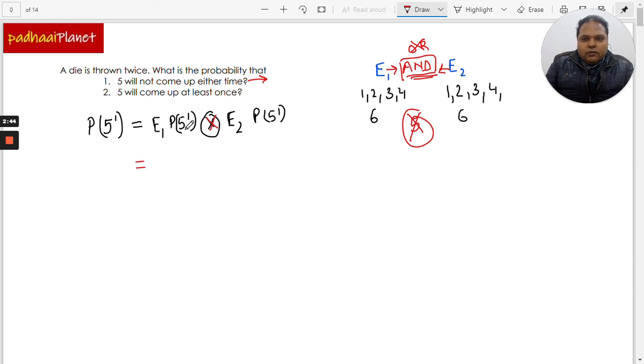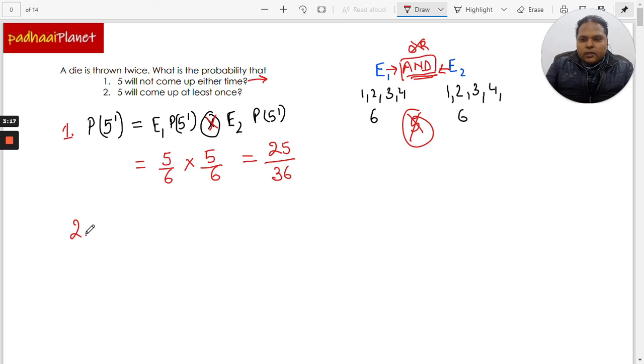So for event 1, P5 dash is equal to 5 over 6, multiplied by in event 2 P5 dash, so that is also 5 over 6. So ultimately what we get as the answer is 25 over 36, right? So I hope you could understand this part, and this was the first part of the question.